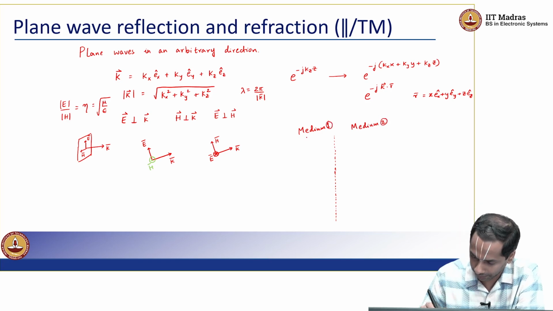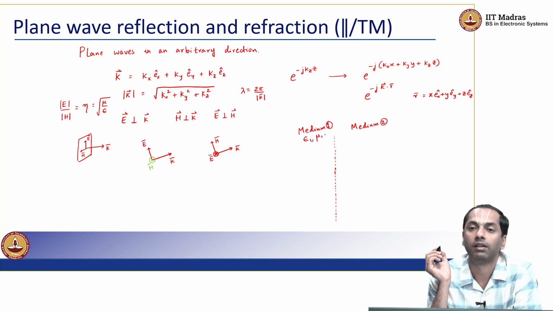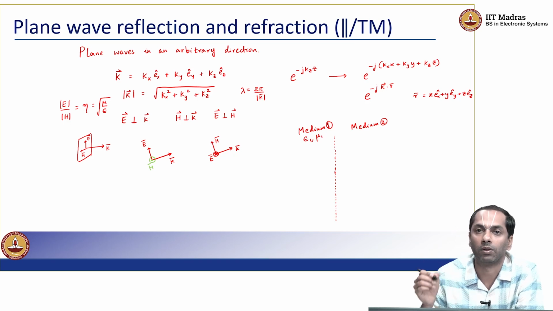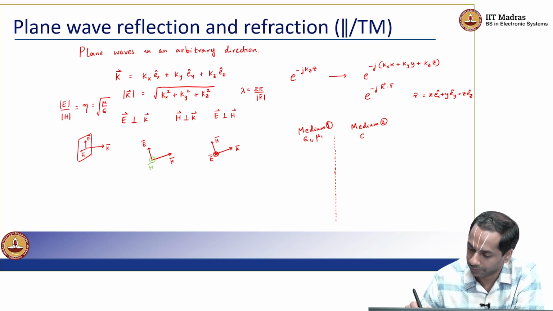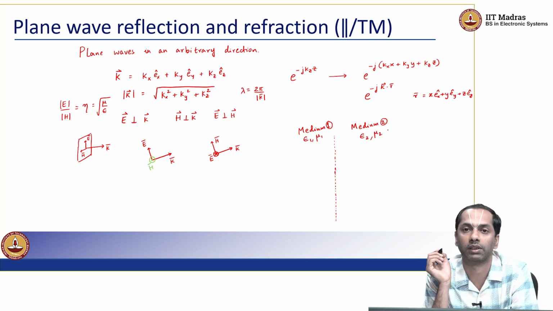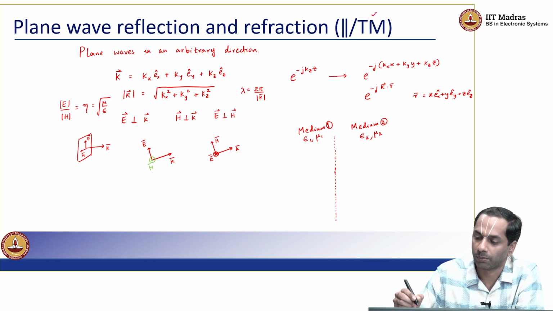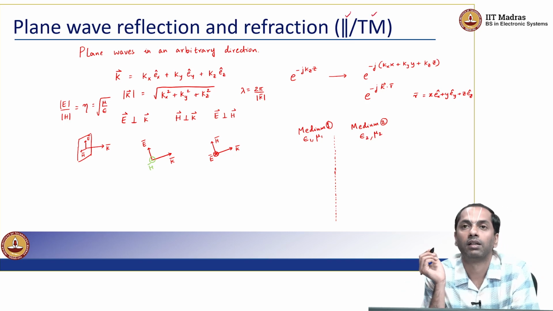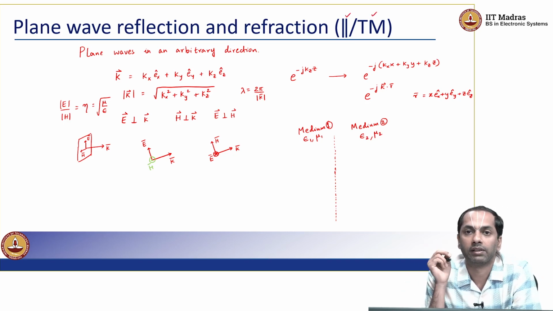Since these are pure dielectrics, I only have epsilon 1 and mu 1 and epsilon 2 and mu 2. I have put in brackets two parallel lines. This indicates something called parallel polarization, or transverse magnetic polarization.